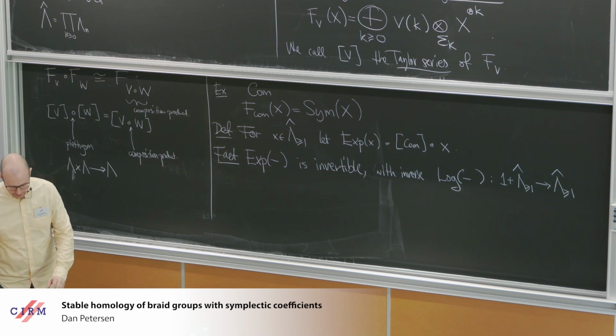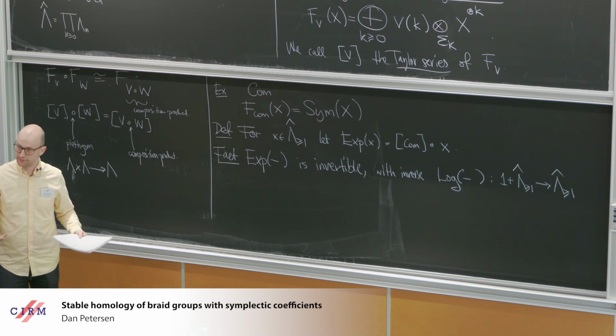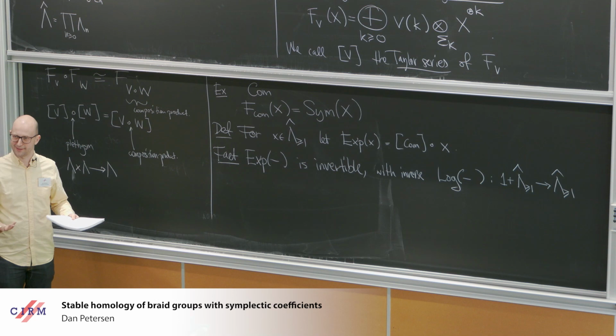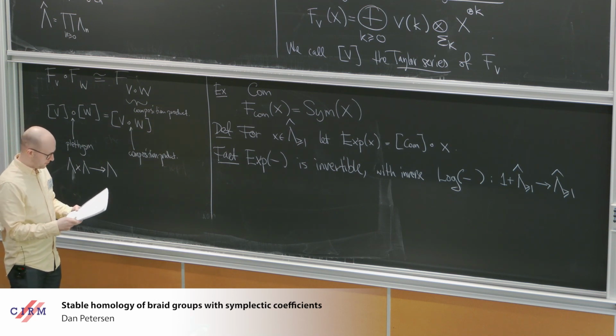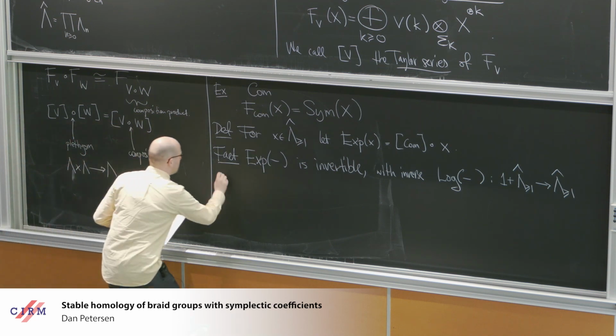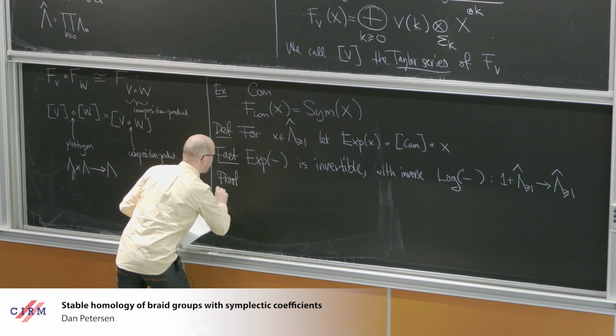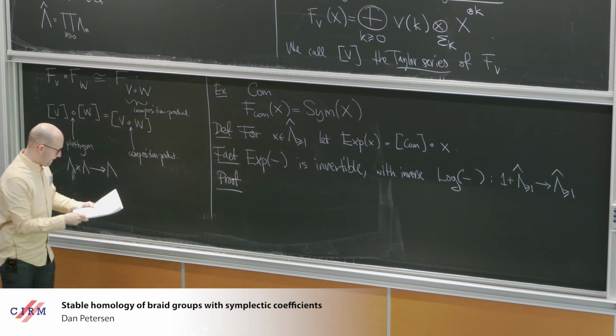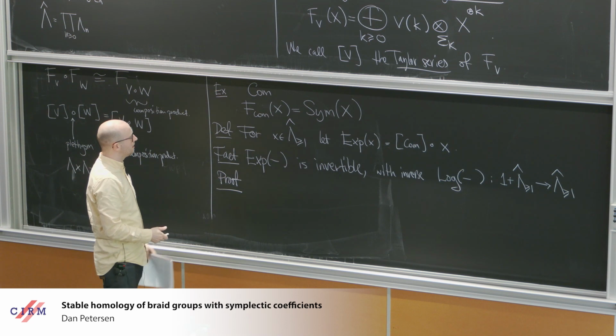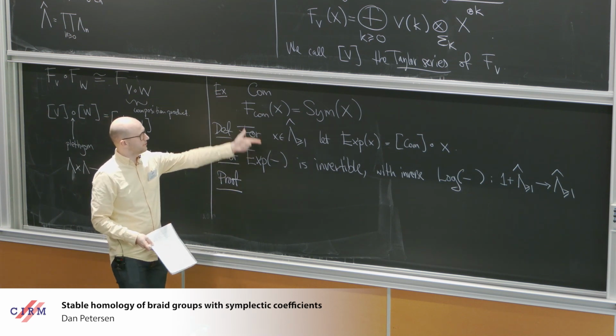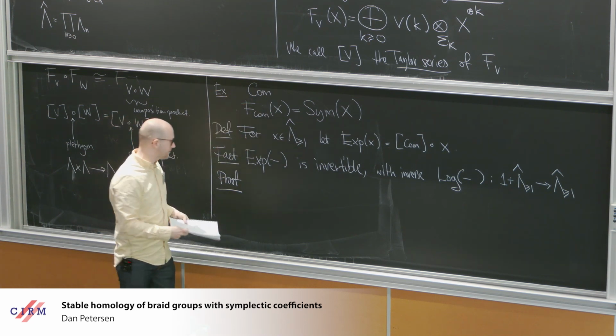I think this is due to Getzler and Kapranov, but they attribute it to Cadogan from the 70s, a paper in combinatorics. And I can actually give the proof. Well, exp was given by Petersen with this Com.